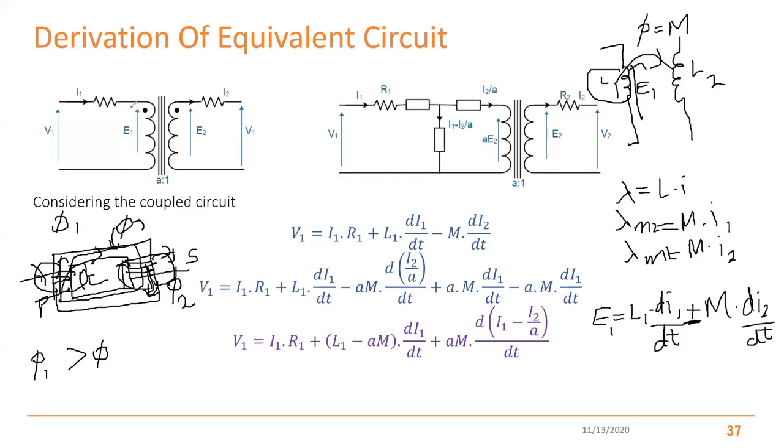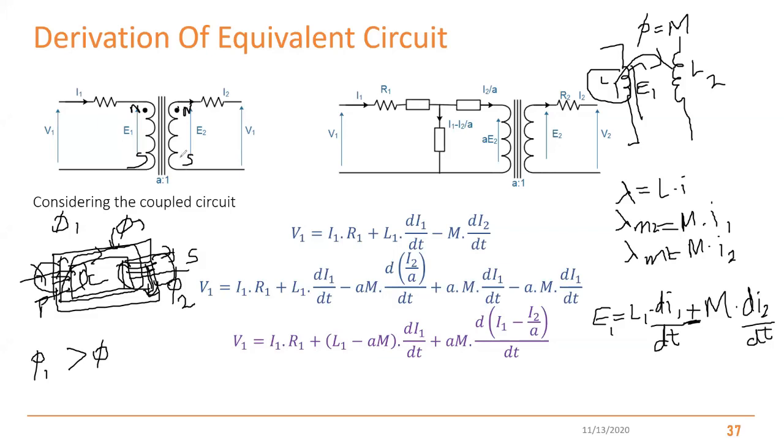For a coil, this can be the north pole and this the south pole, and likewise for the other coil. If the coils are in the same direction, we usually denote it by a dot like this. This indicates that if the north pole of this coil is at this point, the north pole of the other is also at this point.